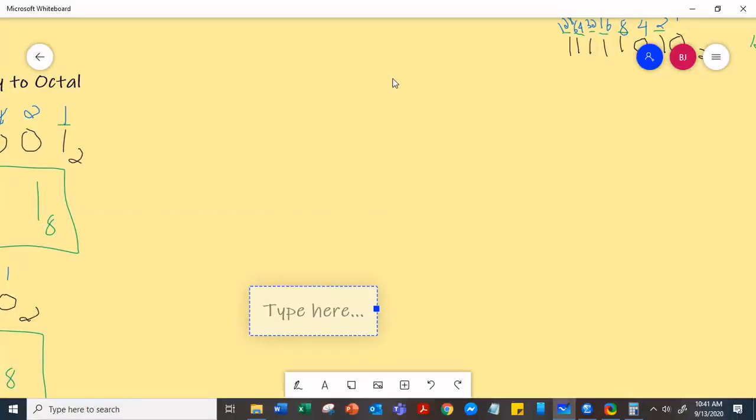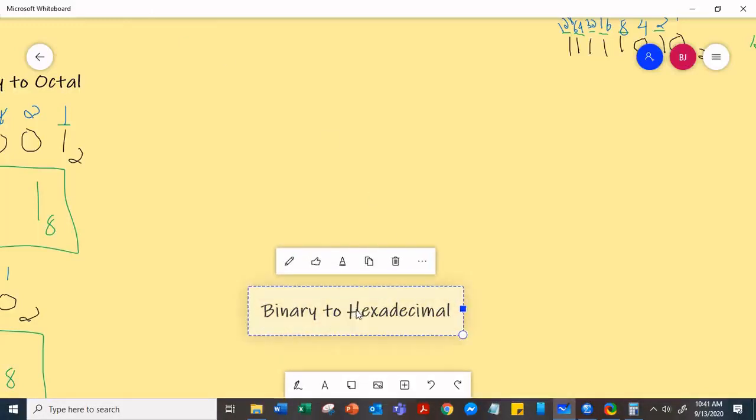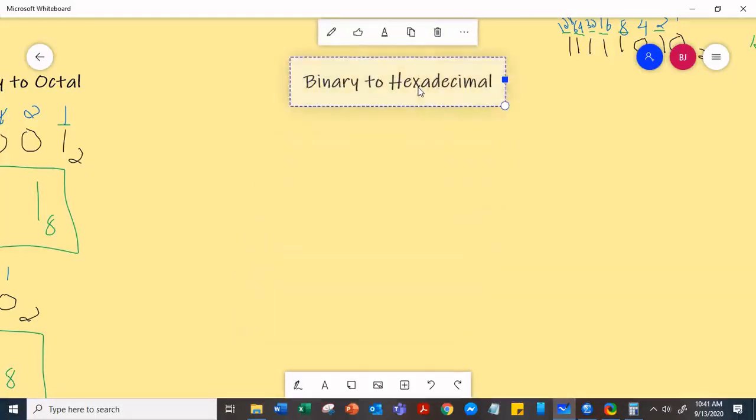Let's go ahead and put in binary to hexadecimal. Okay, so for binary to hexadecimal, instead of grouping the numbers by 3, we group them by 4.